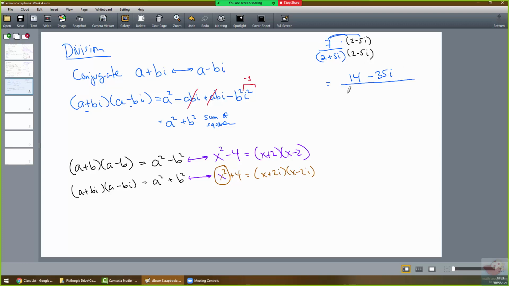You could totally FOIL, or you could use the shortcut. In this case, a would be 2, so 2 squared, plus b would be 5, so 5 squared. So that denominator is 29.